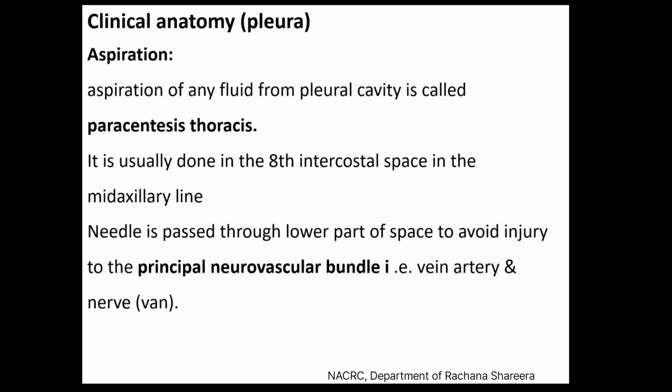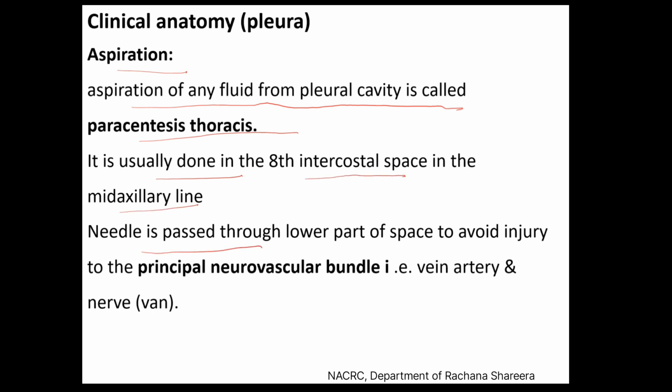Now we come to the applied, or clinical anatomy, of the pleura. Aspiration of any fluid from the pleural cavity is called paracentesis thoracis. It is usually done in the 8th intercostal space in the mid-axillary line.